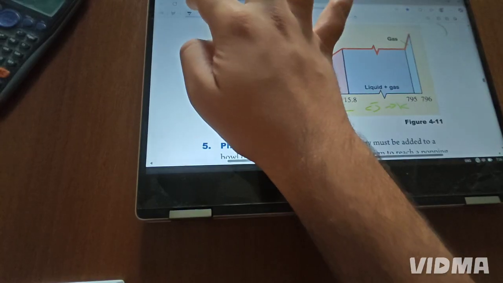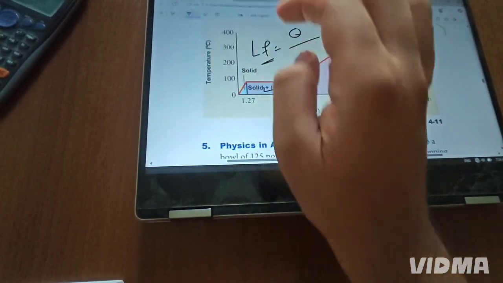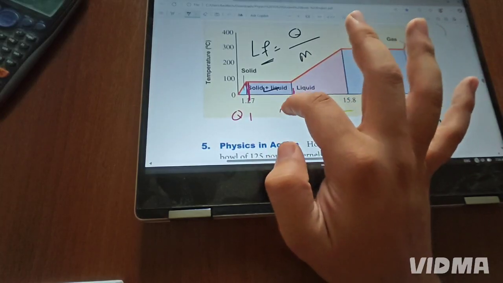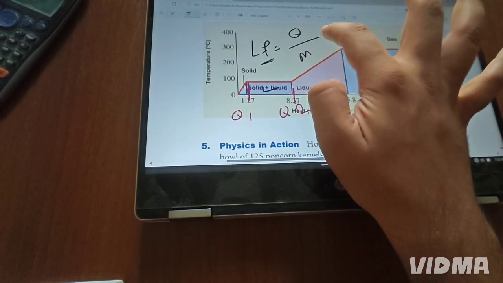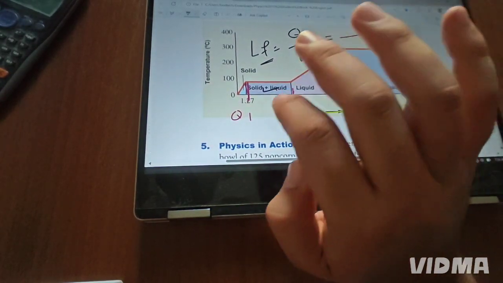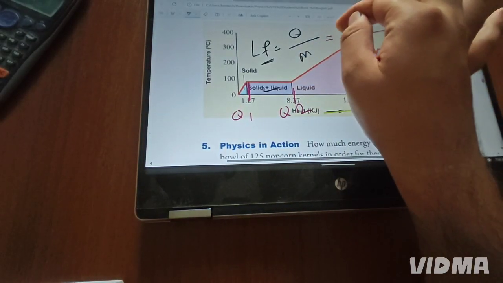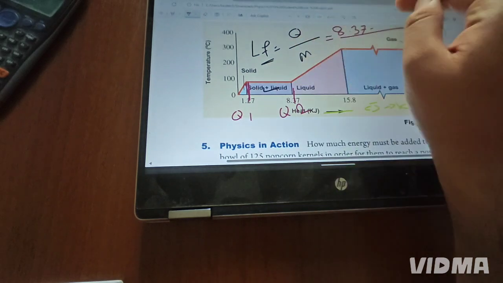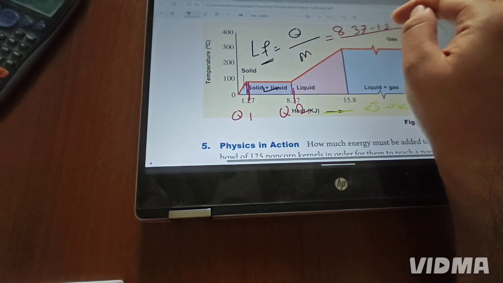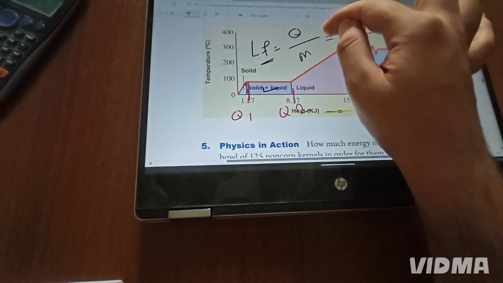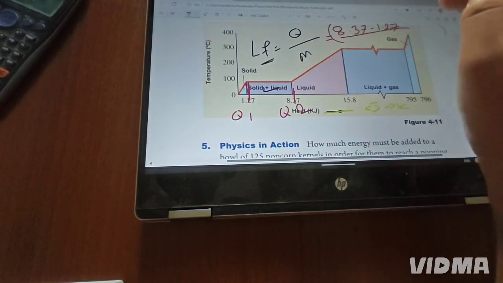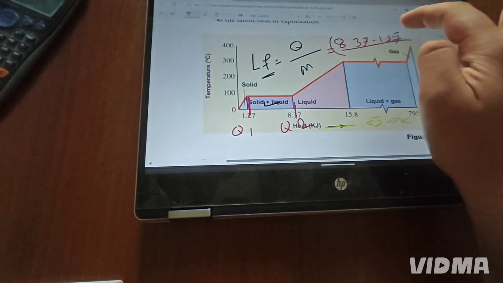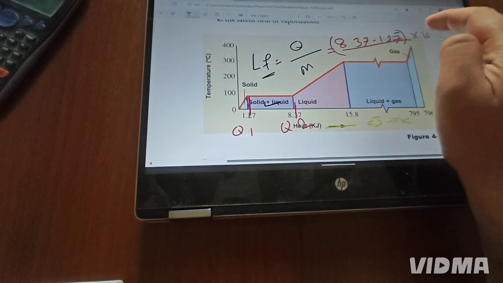Good. Again, we have to find and mention both of the energies. This is the first energy, Q1, and this is the second energy, Q2. Again the same thing: 8.37 minus 1.27, and at the end, because this is kilojoule, we have to convert to joule by multiplying the result by 10 power 3.